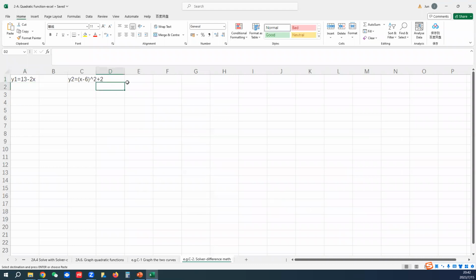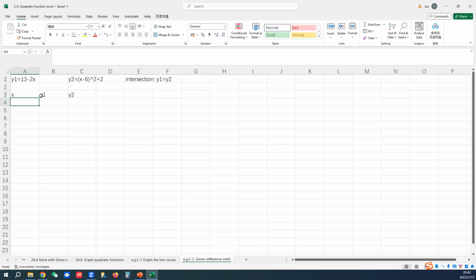So here, for intersection, that is when y1 equal to y2. Okay, so here we just need to use solver to realize that.